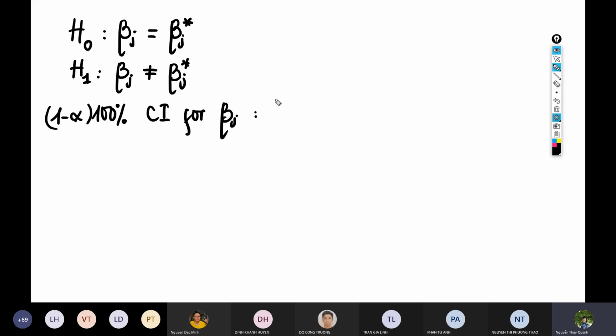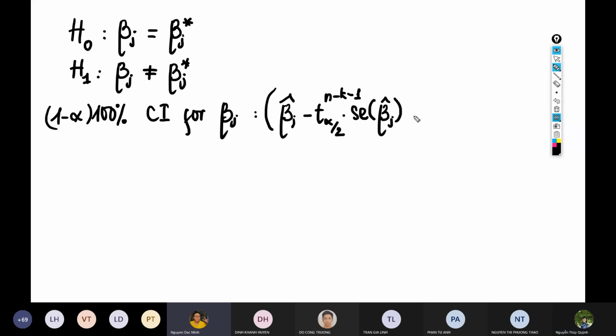The two-sided confidence interval: the first limit is beta j hat minus t alpha over 2, with df equal to n minus k minus 1, times SE of beta j hat.